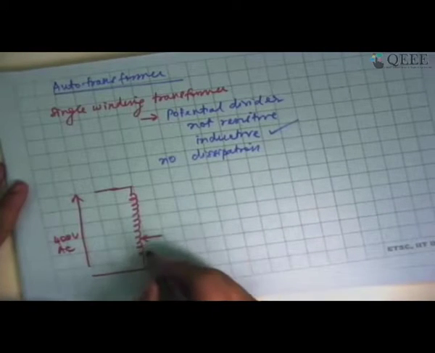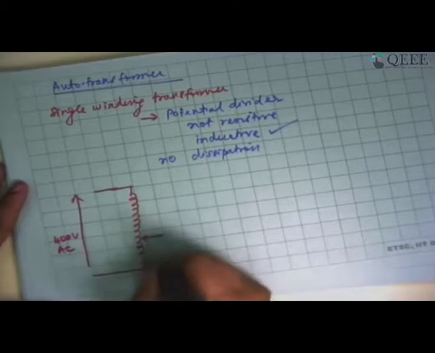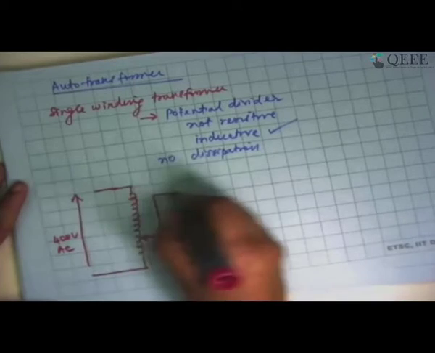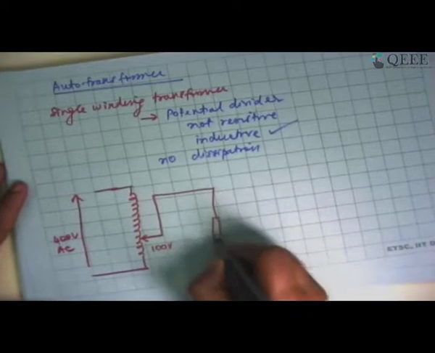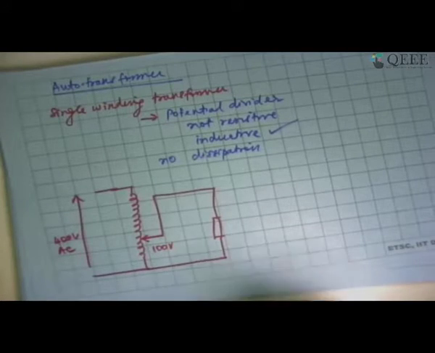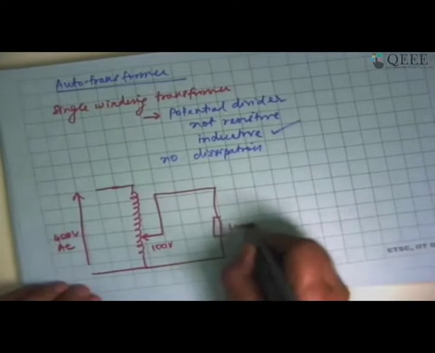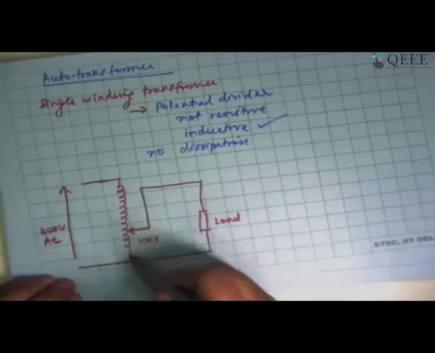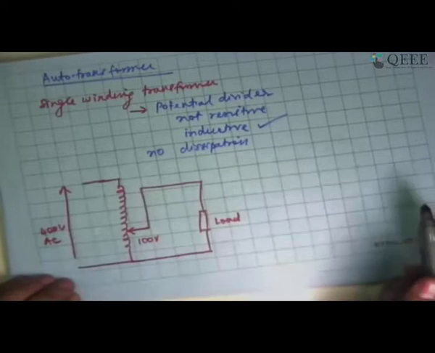If I take only 1/4 of the turns, I will get 100 volts here. Let's say from 400 volts, I want to supply a 100 volt load. I will be able to connect it like this. So this load wants 100 volts.